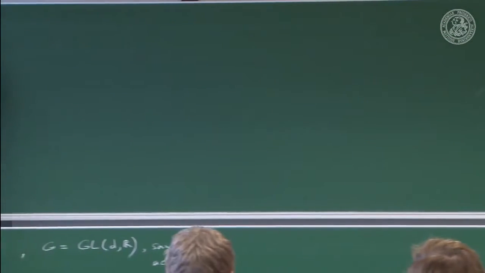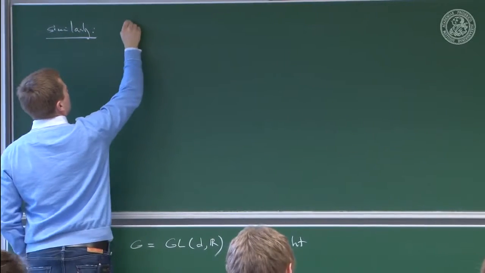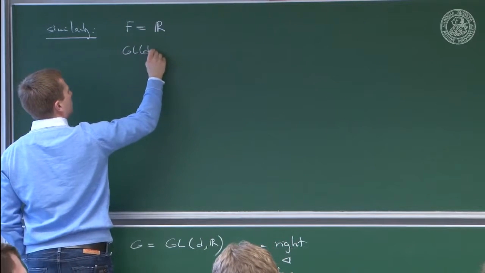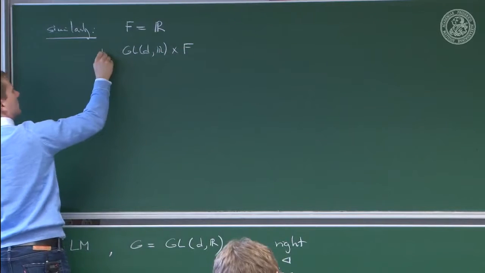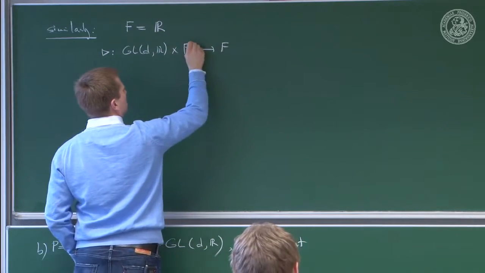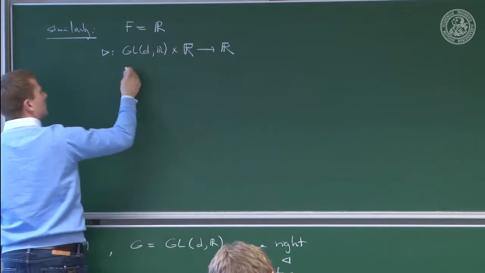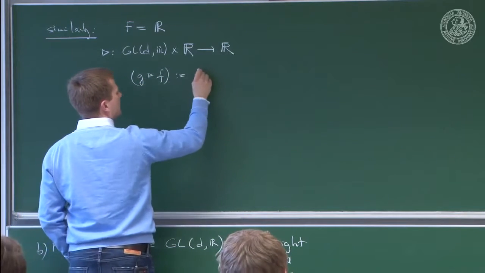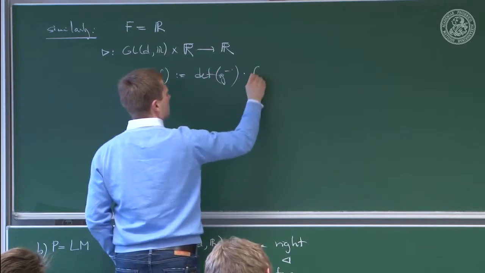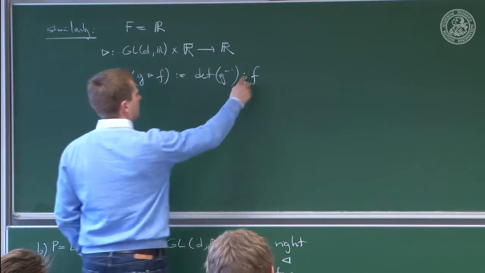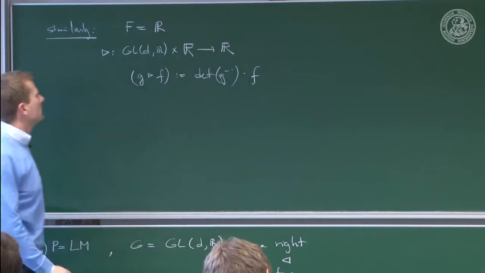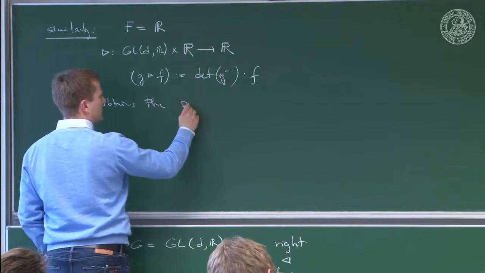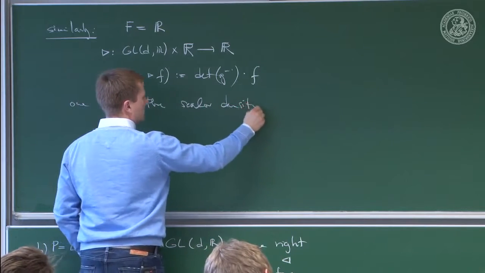Similarly, choosing F to be just R and the left action of GLD on F defined as G left on F is simply the determinant of G inverse acting on F times F, but now F is just the one component in here, one obtains the scalar density bundle.